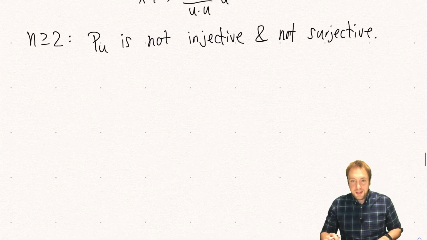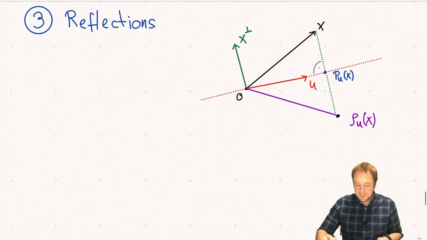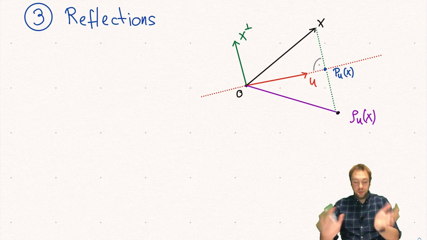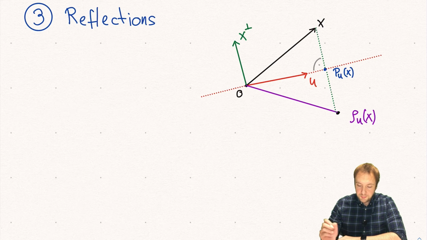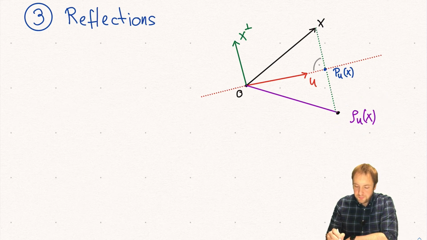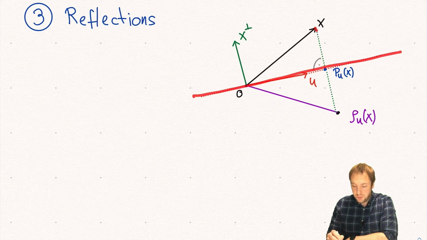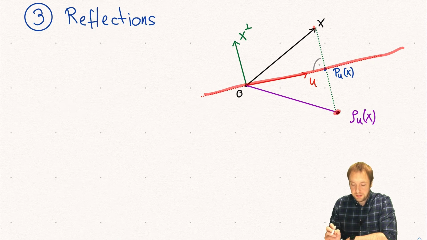Okay, and now the next example. So we did a projection, and now what we want to do is reflection. And what we mean by this is now, instead of projecting x onto the line spanned by u, we want to reflect this by the line of u, meaning we want to send it to the other side of this line.